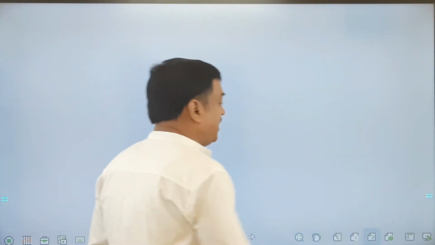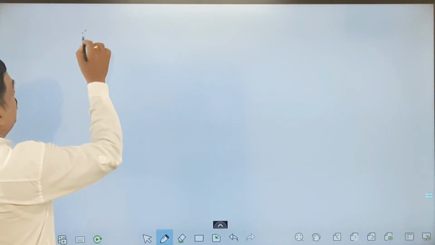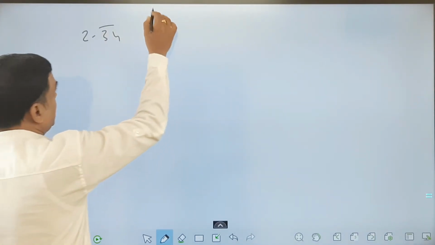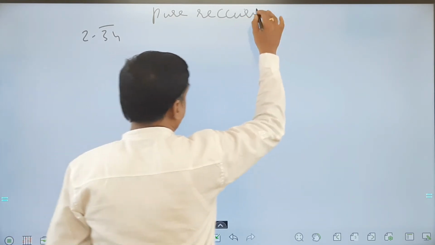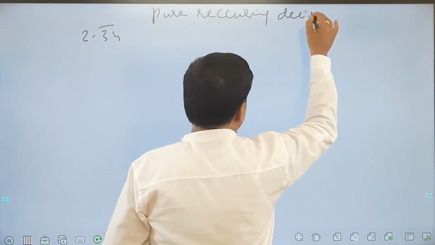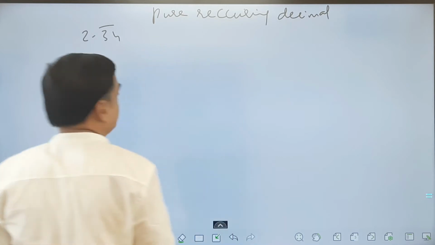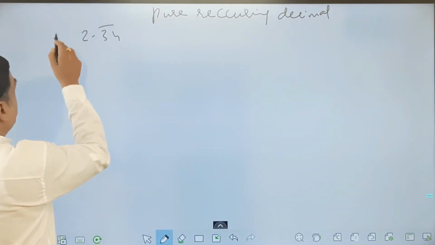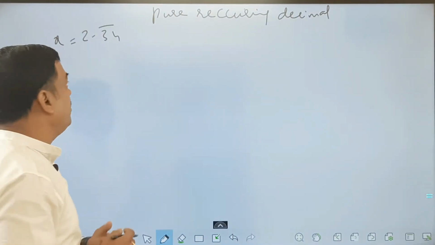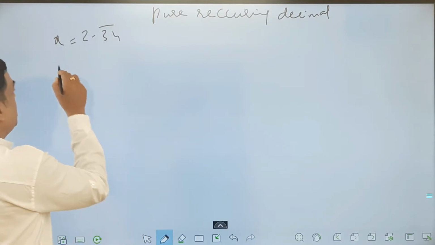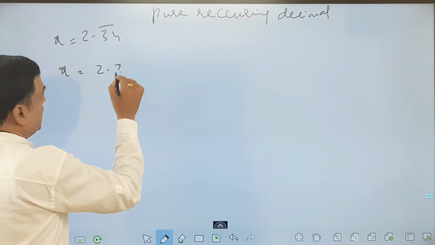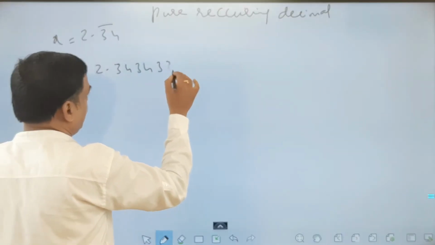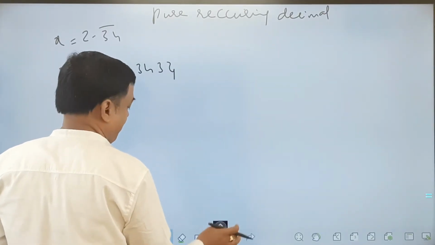Okay, so let me take the same example, 2.34 bar. Right now I'm talking about pure recurring decimal converting into fraction. Okay, so let me call this number as x. What is the general method given in schools? X is equals to, the expansion is 2.34343434 and so on.